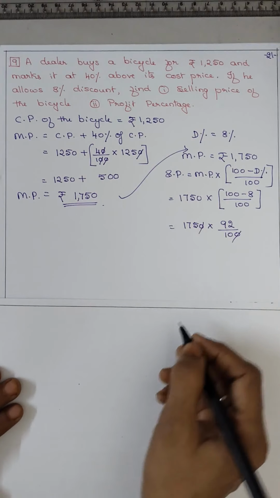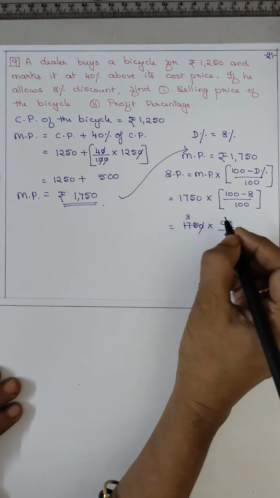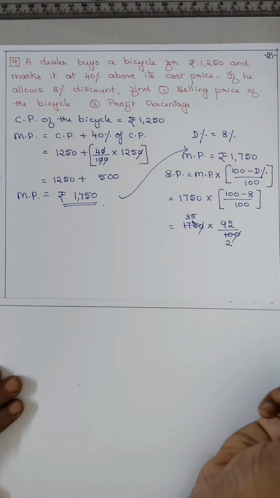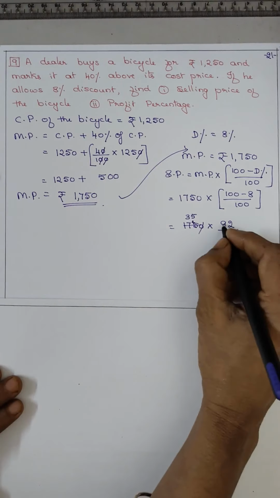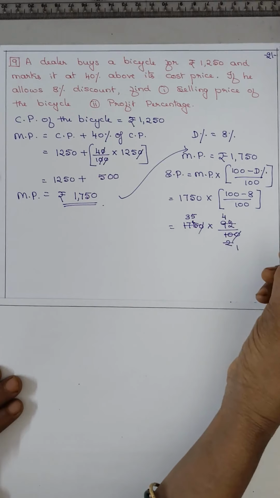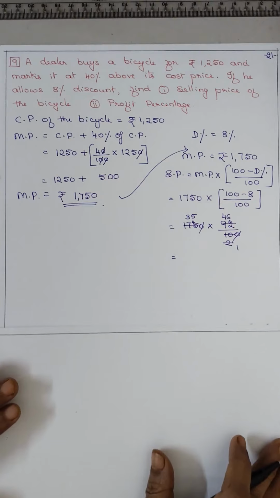The 10 and 10 cut. 5 2s are 10, 5 3s are 15, 2 remains, 5 5s are 25. Now 2 1s are 2, 2 4s are 8, 1 remains, 2 6s are 12. Now multiply and see.